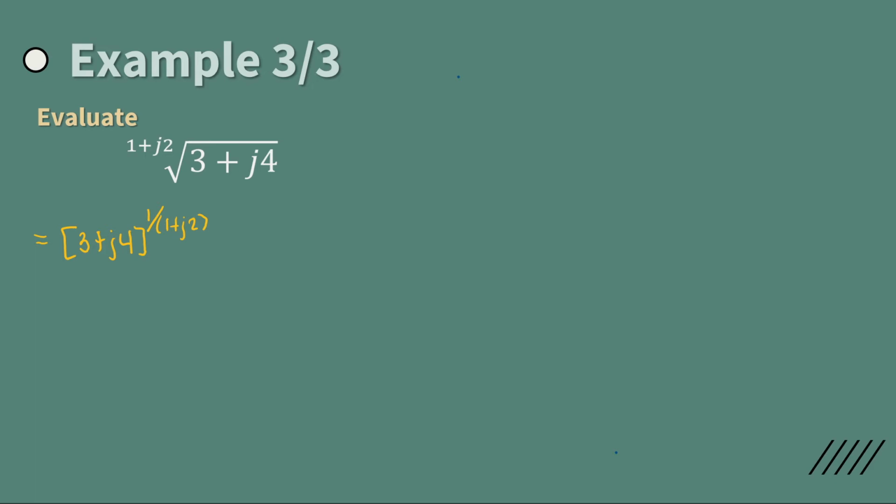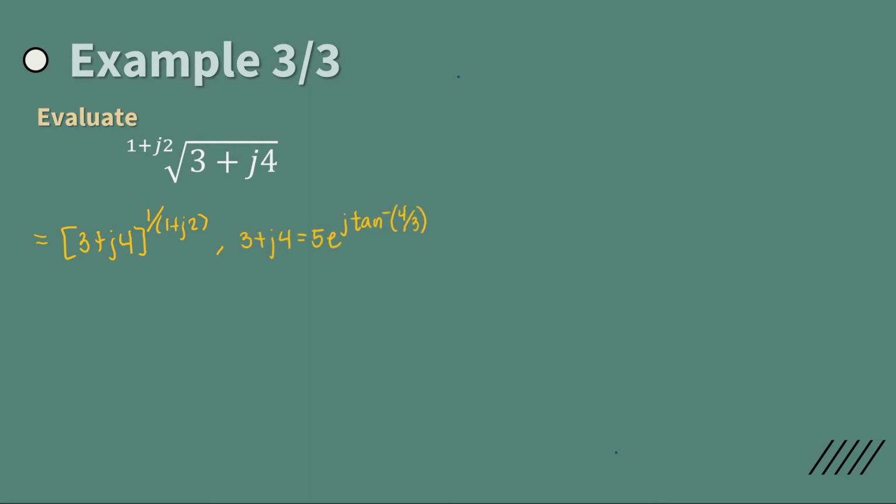Now you need to make sure that you copy your complex number well, with the powers instead of the radical sign. You can express a radical sign as an exponent in that case.